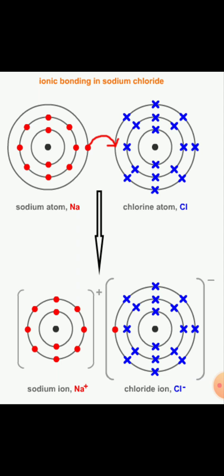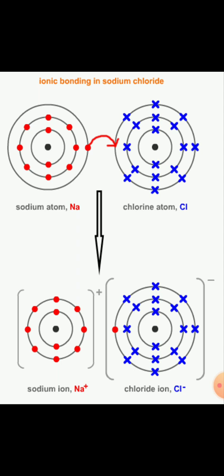So the proper definition will be: the compounds formed in this manner by transfer of electrons from a metal to a non-metal are known as ionic compounds or electrovalent compounds.